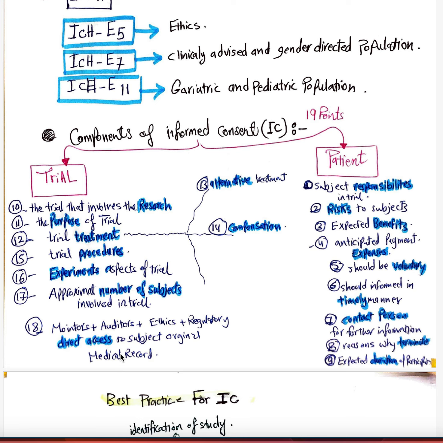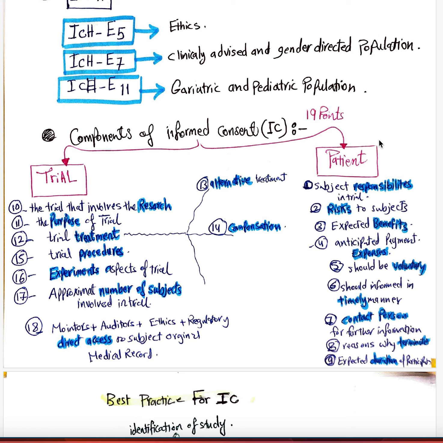That's how to memorize the components of the informed consent. And as a treatment, it should have alternative treatment and compensations. So we have the purpose, the results, the treatment, the procedure, the experiment, and what relates to the subjects, the number of the subjects.